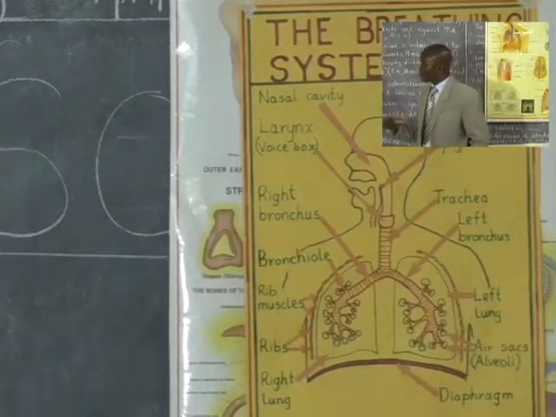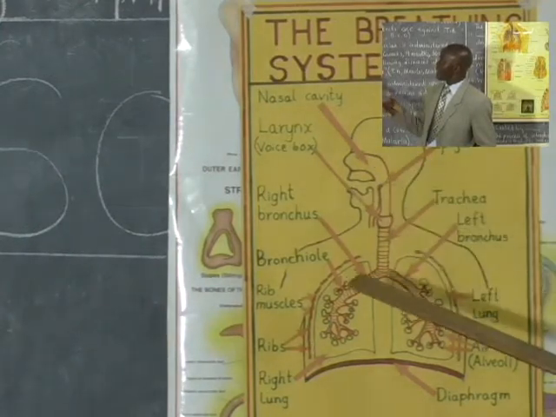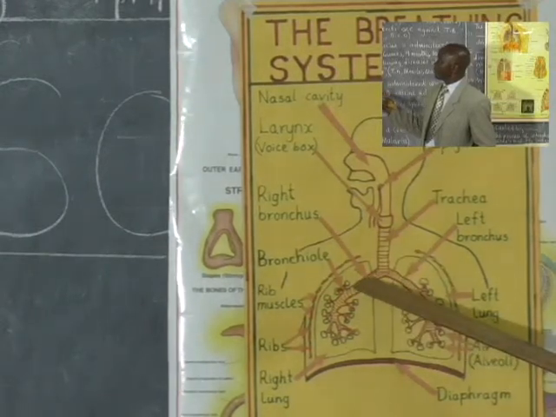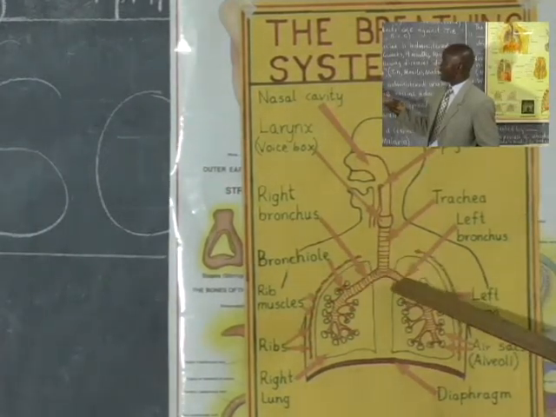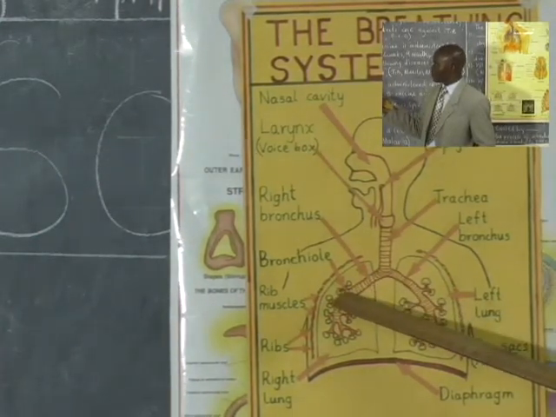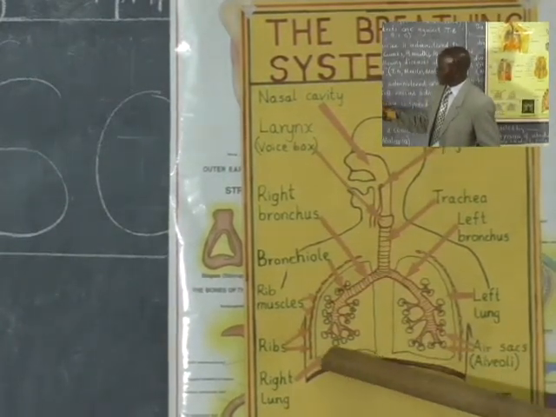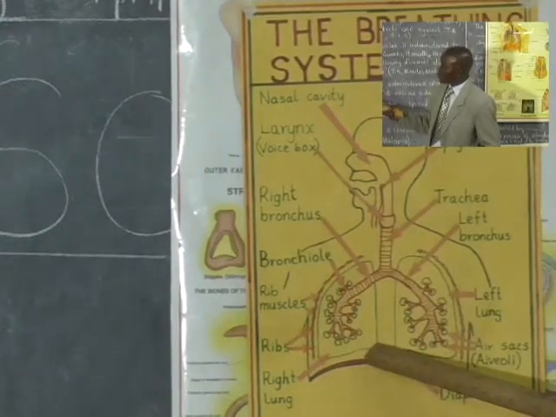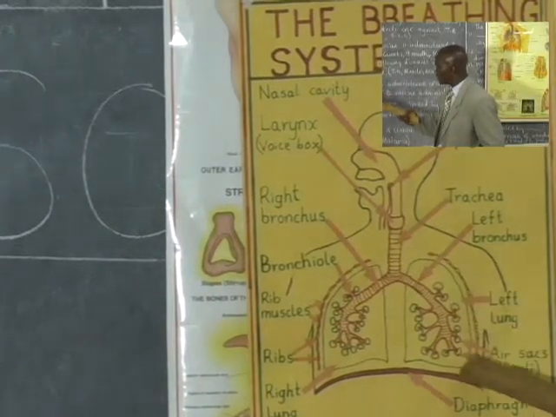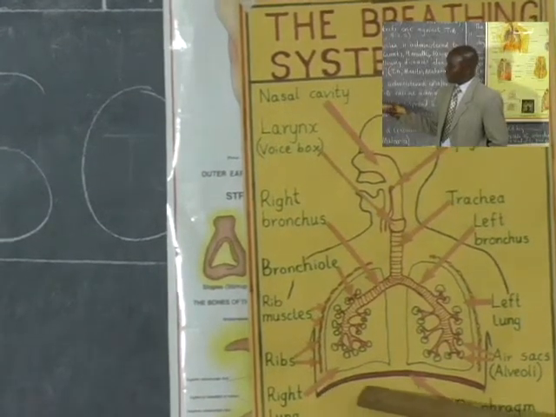The parts that we're going to talk much about include the nasal cavity, the trachea, the bronchus, that is the right and the left, the subdivision of the bronchus called the bronchiole. Then we shall talk about the lungs. We shall include the rib cages, as indicated there. Then we shall also talk about the diaphragm.